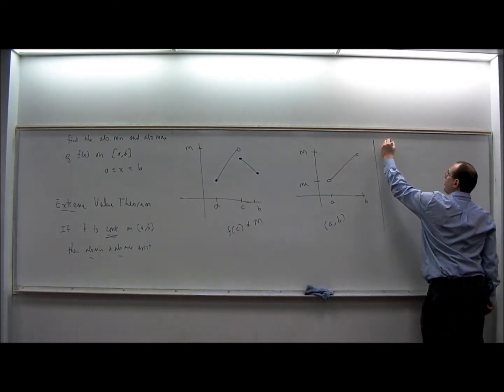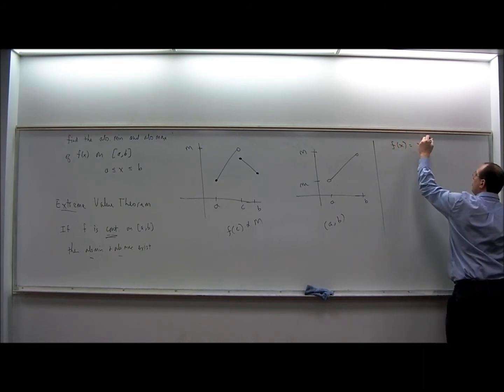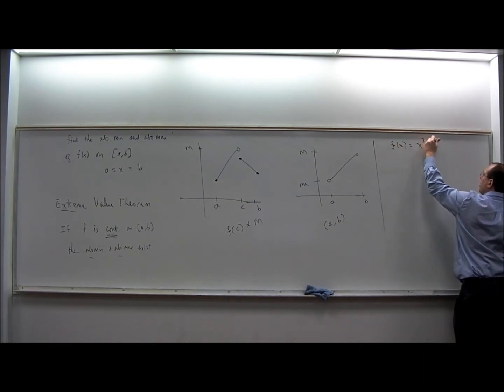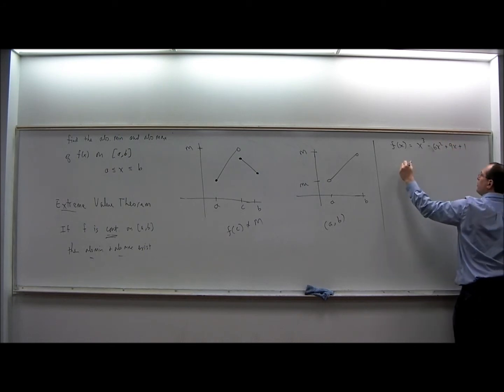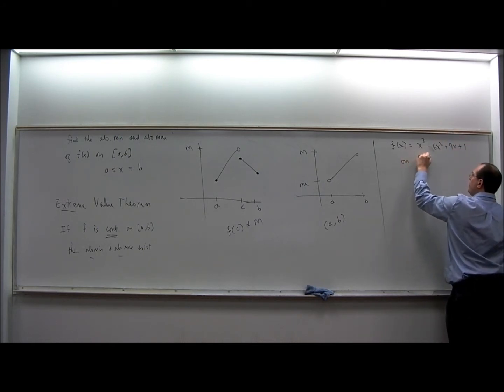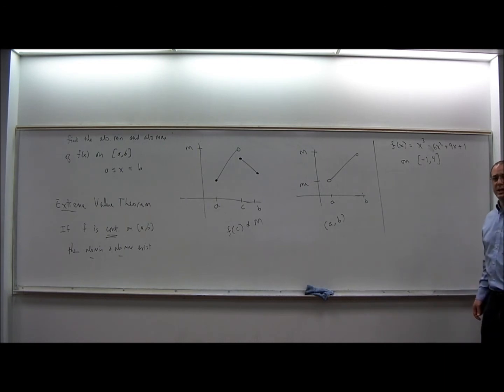So in our example, we'll consider the function f of x equals x cubed minus 6x squared plus 9x plus 1 on the interval from -1 to 4, the closed interval from -1 to 4.